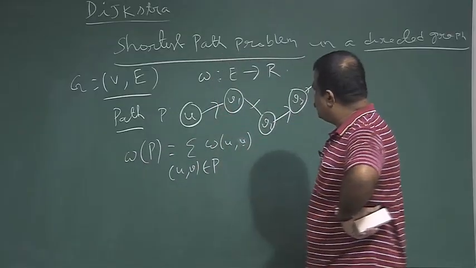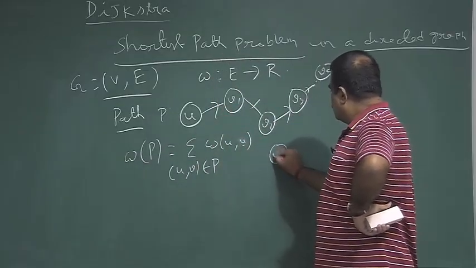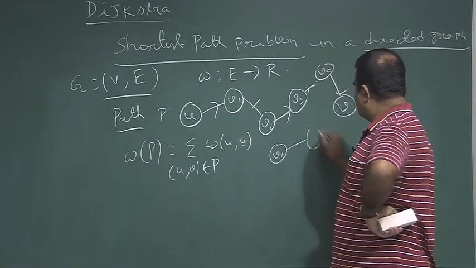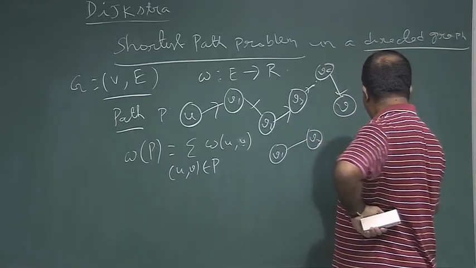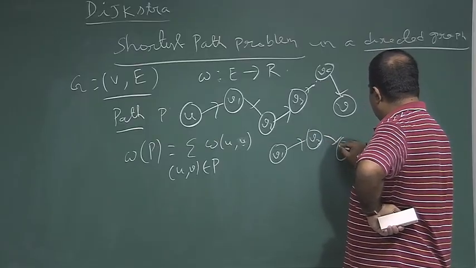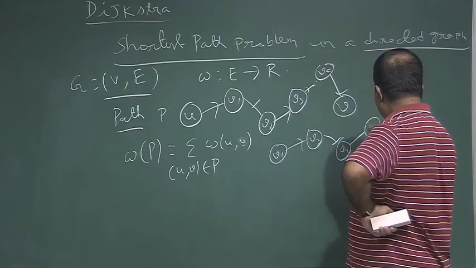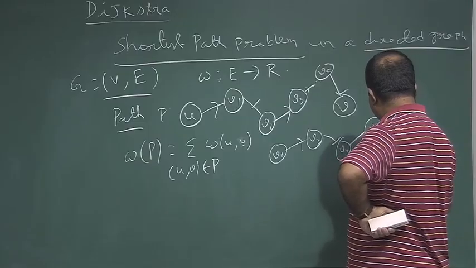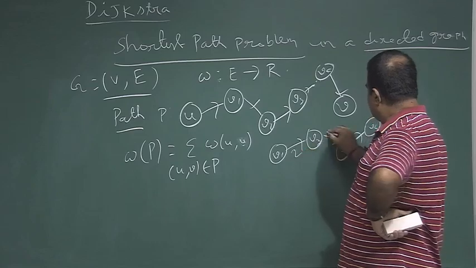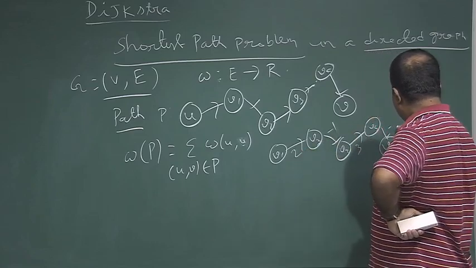We just count. Suppose this is an example: we have v1, v3, v4, v5, and v6, with weights, say, 2, -1, 3, -6.